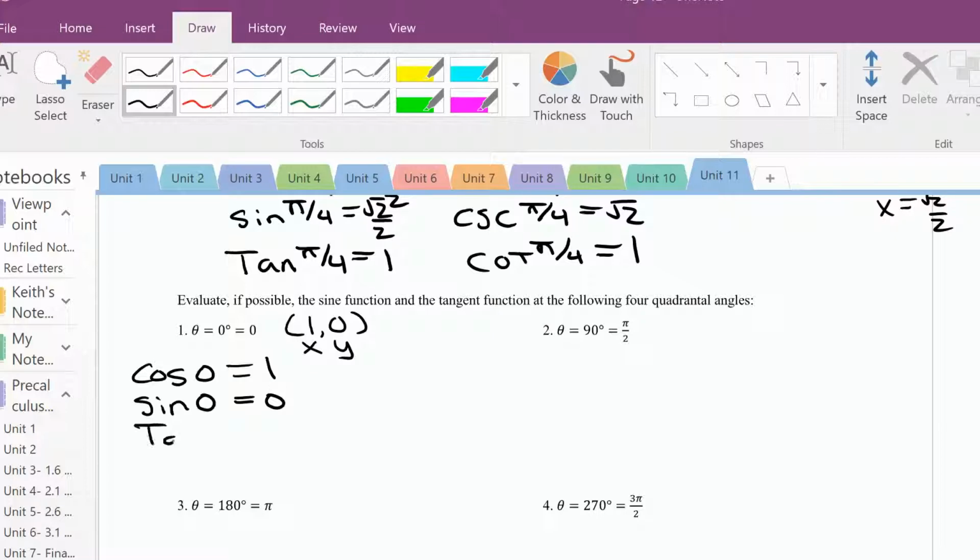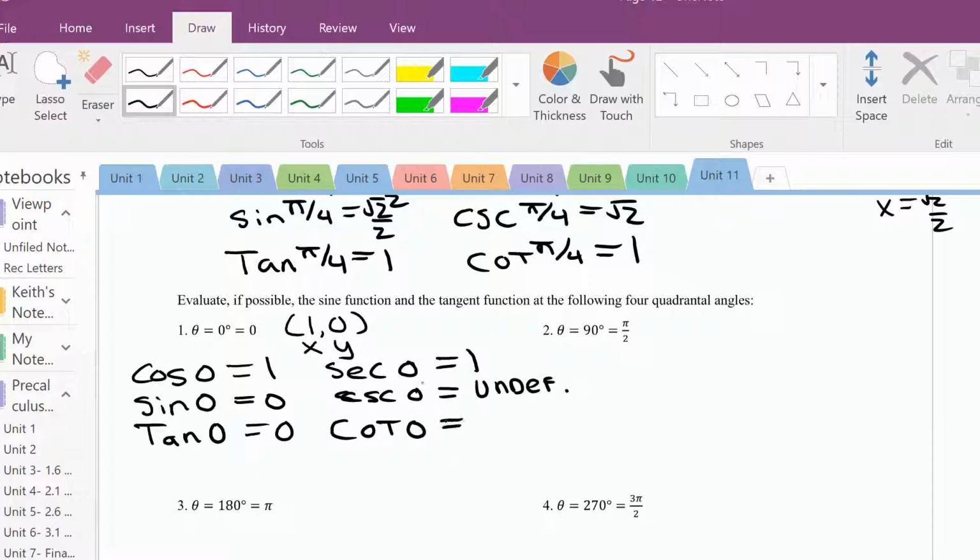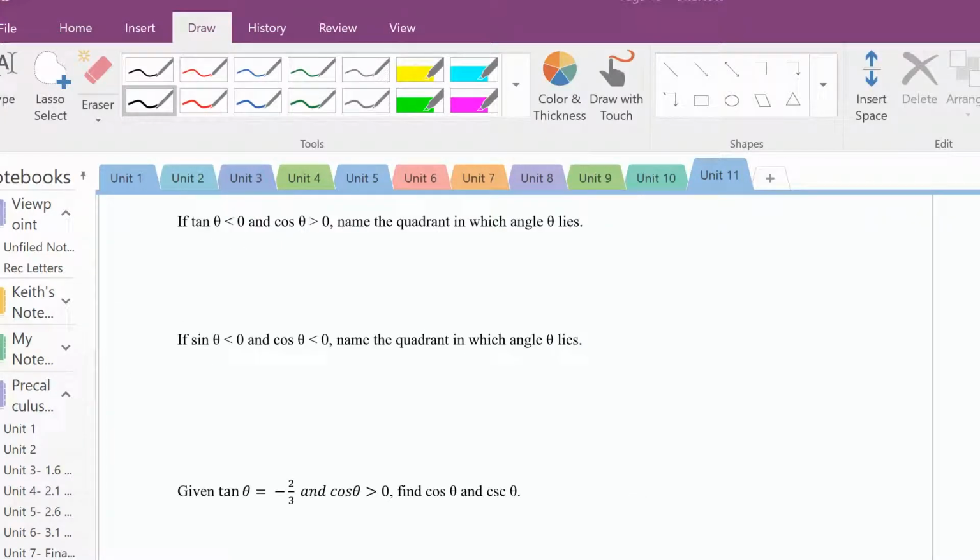The tangent of 0, y over x, is 0. The secant of 0 is 1, because that's the reciprocal. The cosecant of 0, well, 1 over 0 is undefined. And the cotangent of 0, 1 over 0, is undefined. So that's how to find the values of the quadrantal angles.